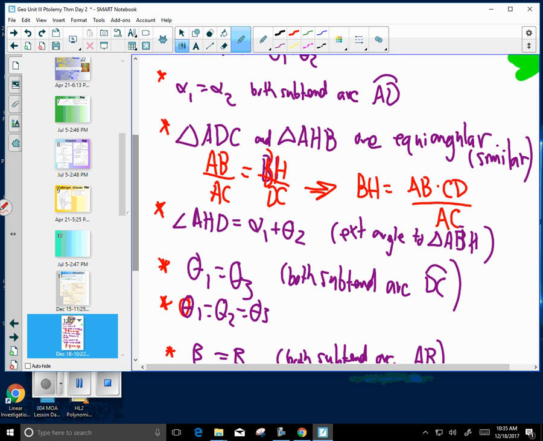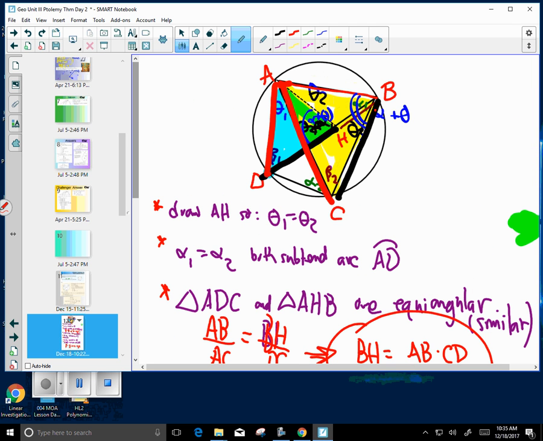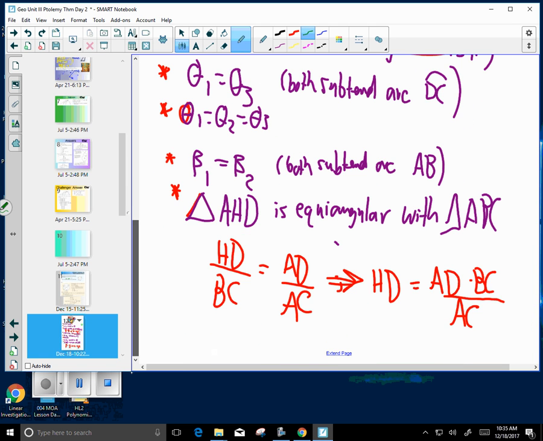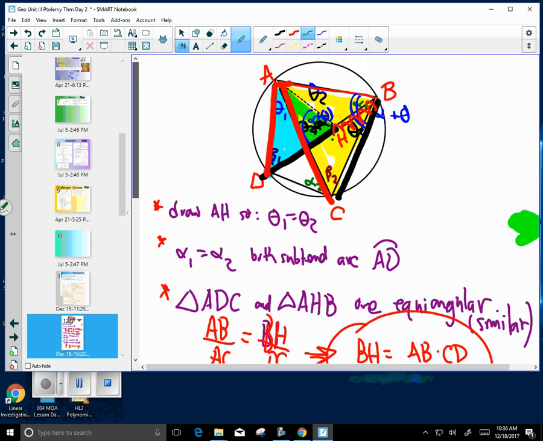Now what we've got is this guy, BH, which is here, and we have this guy down here, HD, which is here. What does HB plus HD equal? The diagonal BD. Perfect. HB plus HD will be equal to BD.